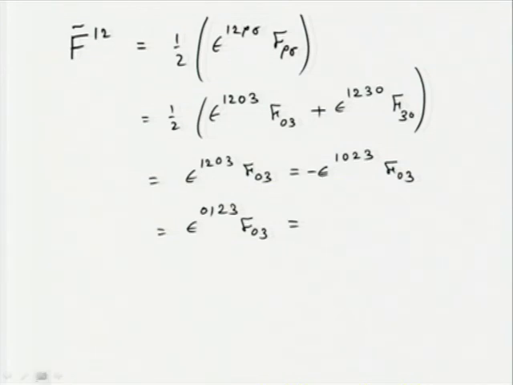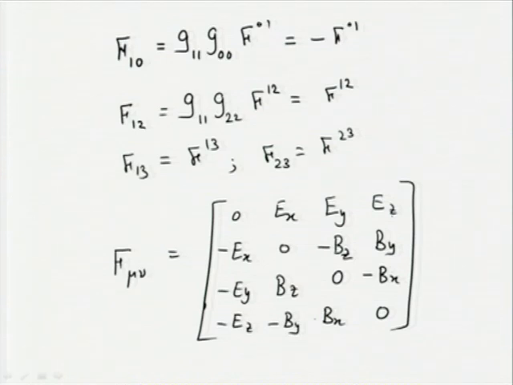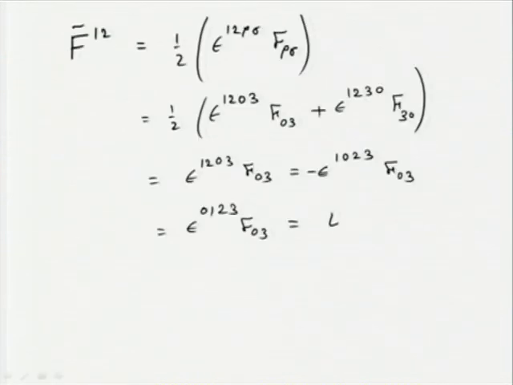f_03 is E_z. So, this is equal to E_z. Similarly, we can get f tilde_13 as minus E_y and f tilde_23 as E_x. The rest of the terms are all obtained by taking the interchange of the indices from whatever we already have.